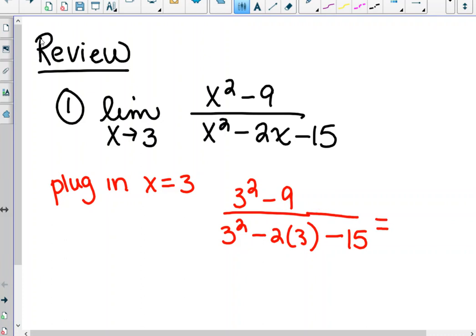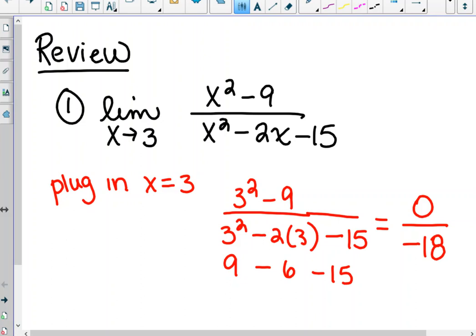And 3 squared is 9 minus 9, so that gives me 0. Okay. But 9 minus 6 minus 15 is not 0. This is not a 0 over 0 problem.